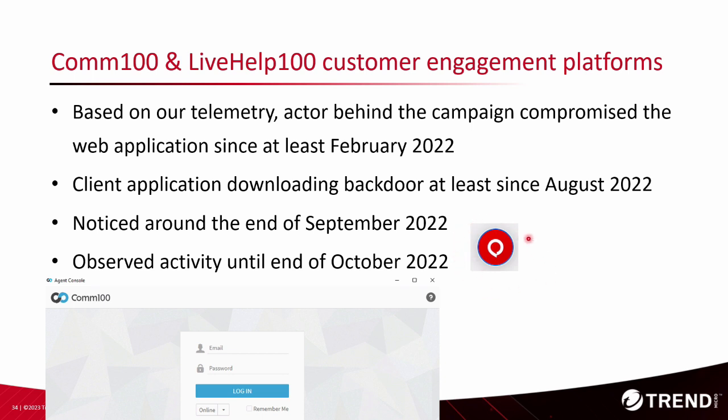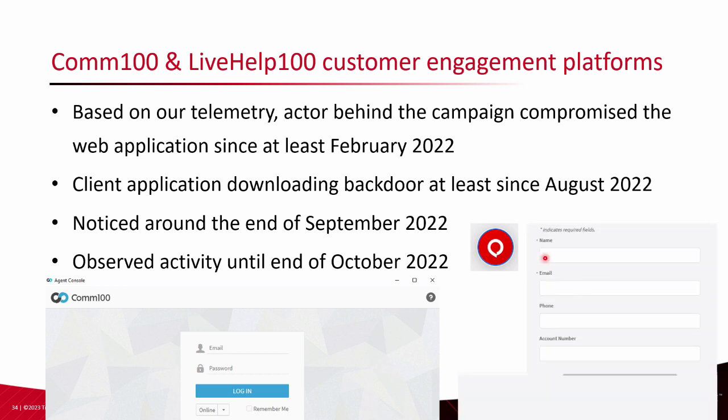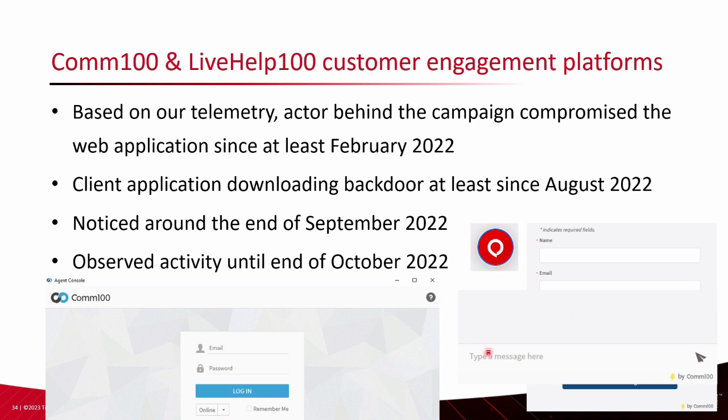When the customer or visitor wants to talk to you, they click on this widget, register, and open a communication window. The customer writes in this window, and you answer their question through the agent console. This is what these programs are about.